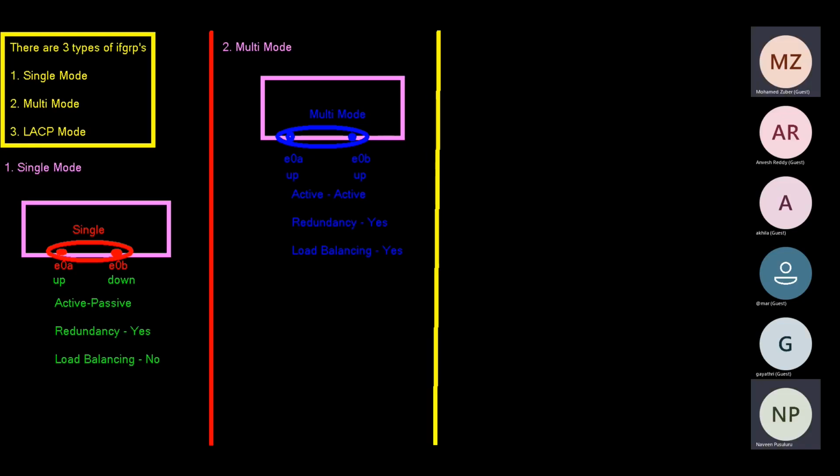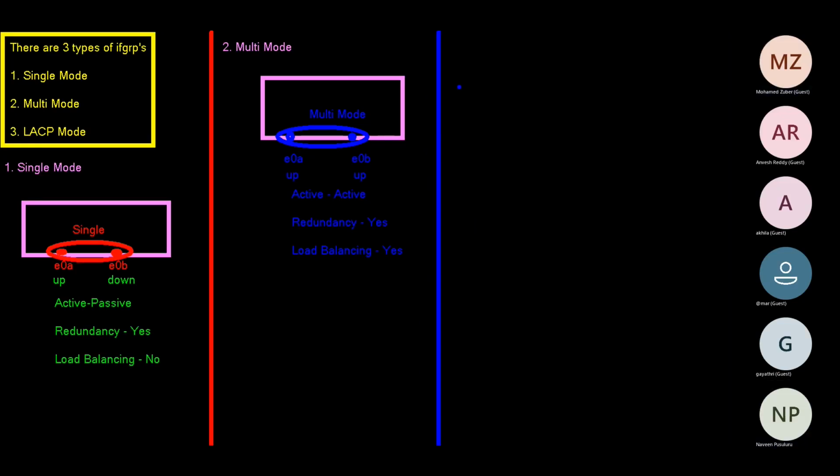Now let's talk about the third one, which is LACP. So what is the full form of LACP? LACP means Link Aggregation Control Protocol. That is the full form of LACP.